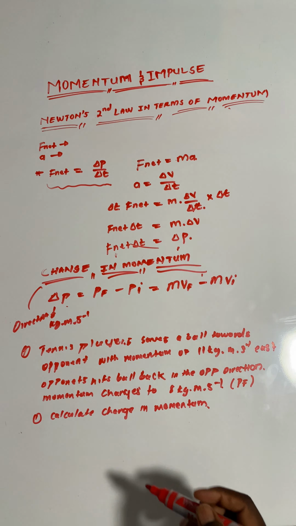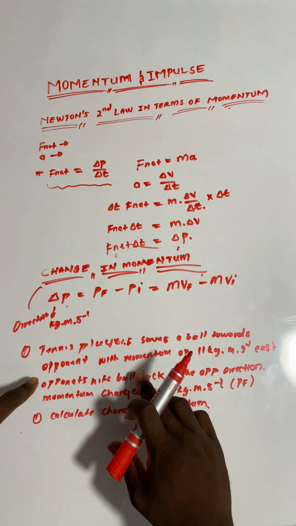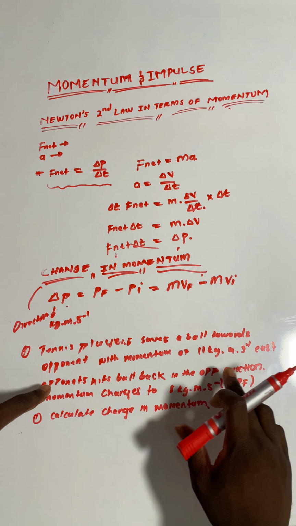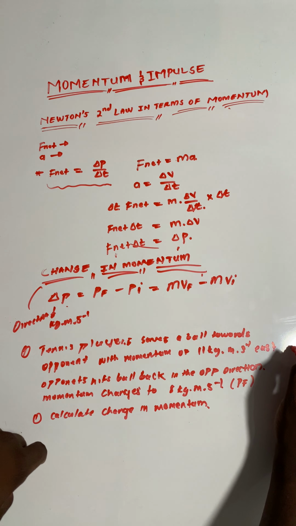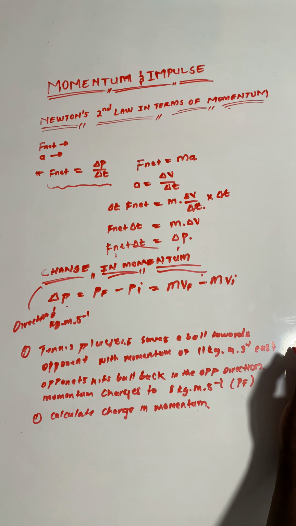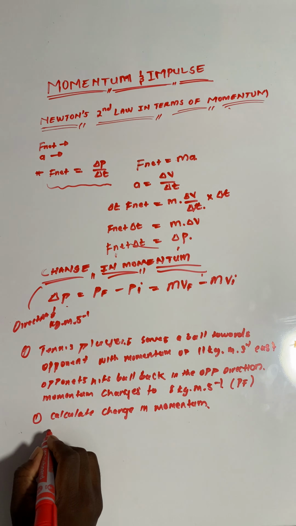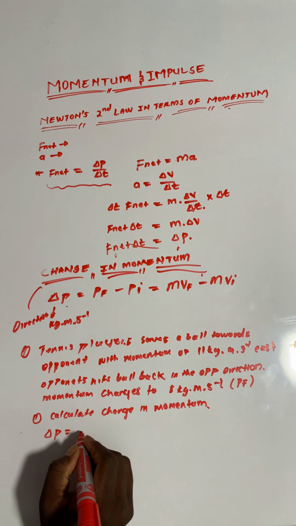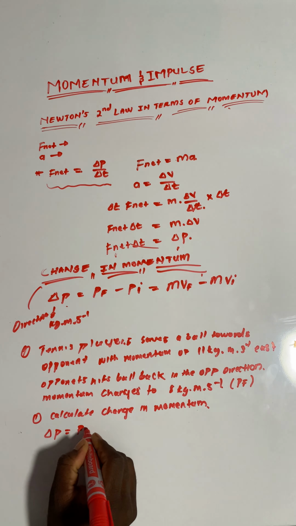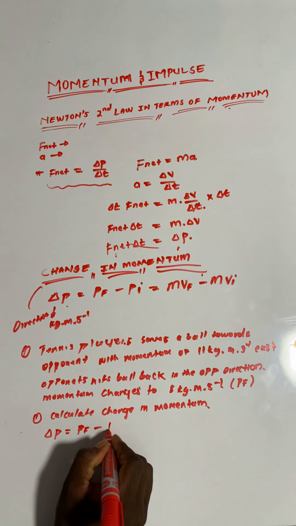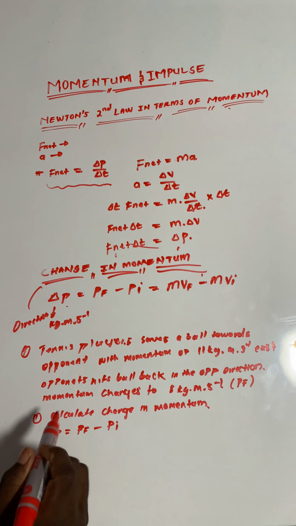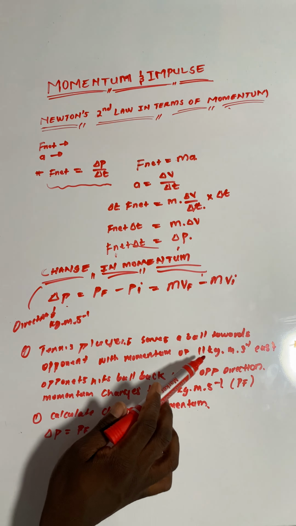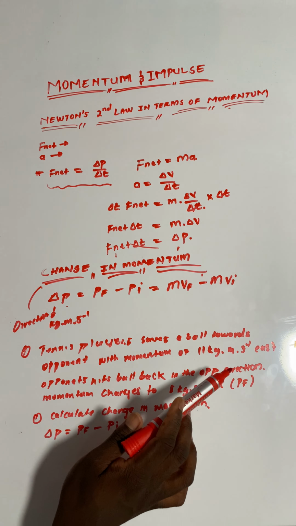So now how would we calculate the change in momentum here? The first thing we'll need to check is that on the first part, we have a ball being tossed at 11 kilograms per meters per second east, right? We know the formula says that change in momentum is equal to P final minus P initial. So what happens initially? There's a player serving a ball at 11 kilograms per meters per second.